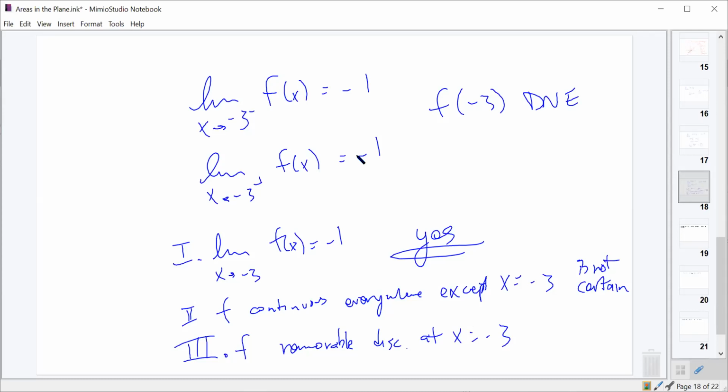And it certainly can't be an infinite discontinuity because we're not approaching infinity from both sides. So the only option left is that it's definitely got a discontinuity. It's not jump and it's not infinite. It must be removable. So this is a yes also. So numbers 1 and 3 are true, which means that I guess it must have been answer choice D.